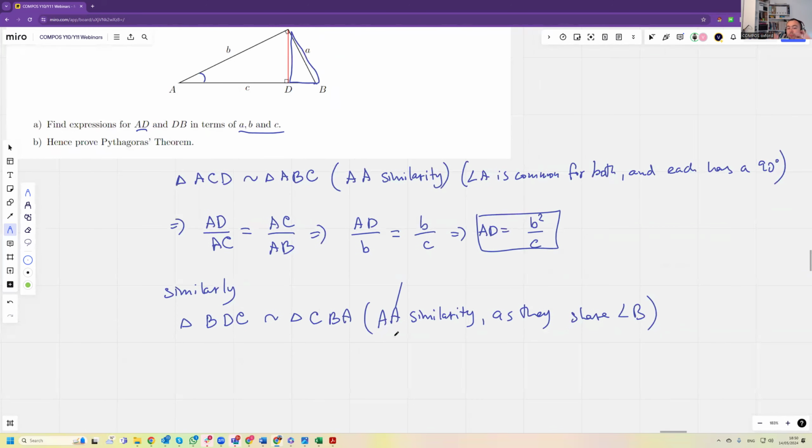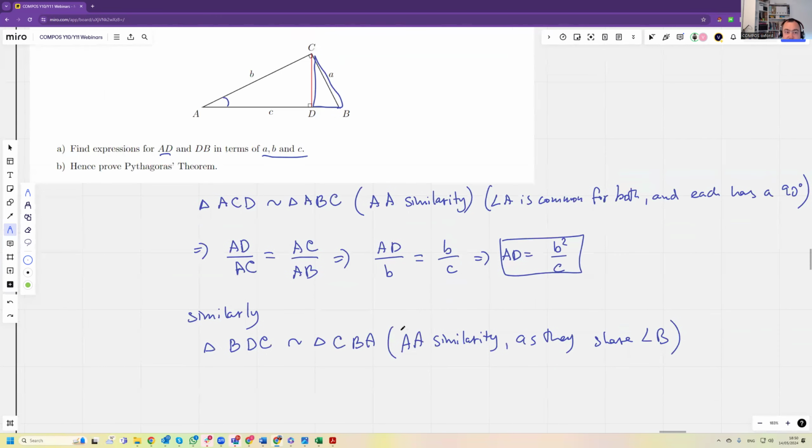So therefore, by angle similarity, they are similar. And that means that the ratio of BD to BC has to equal the ratio of BC to AB.